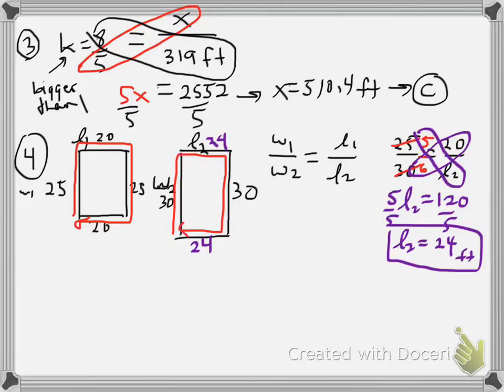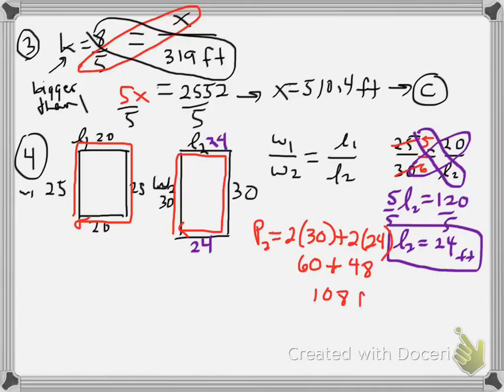The perimeter of the new one is going to be 2 times the 30, there's 2 30s plus 2 24s. So that's 60 plus 48, which is 108 feet. And that gives you the answer to number 4.